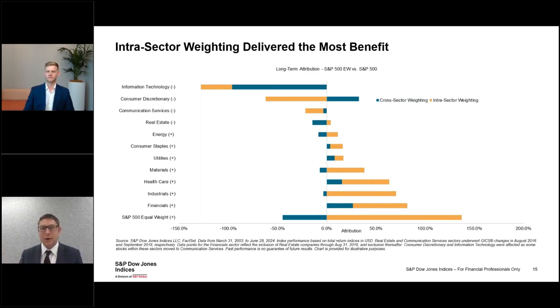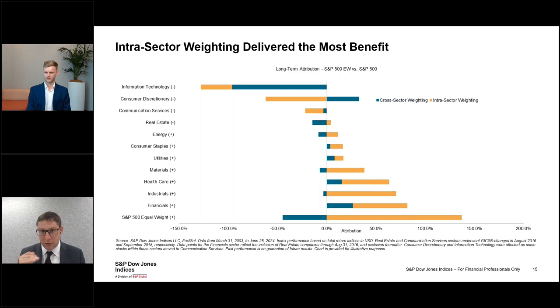The yellow bars are showing you how much difference it made by equally weighting within each sector. This is done on a quarterly basis, but over all the quarters that S&P 500 equal weight was alive, the sectoral allocations were actually a slight cost. All of the excess return came from equally weighting within each sector.